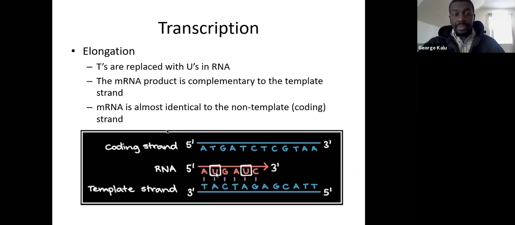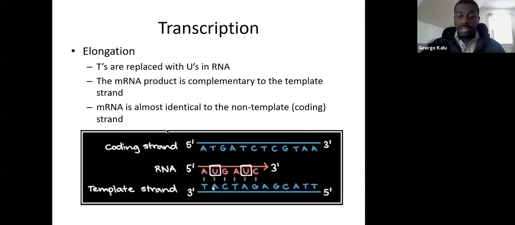Okay. So again, when we're forming the mRNA, the mRNA that we produce is going to be complementary to the template strand. So here's our template strand. Here we have a T. So the RNA is going to form an A. Here in the template strand we have an A. So its complementary base would be a T, but here because we're looking at RNA, we're going to have a U instead.